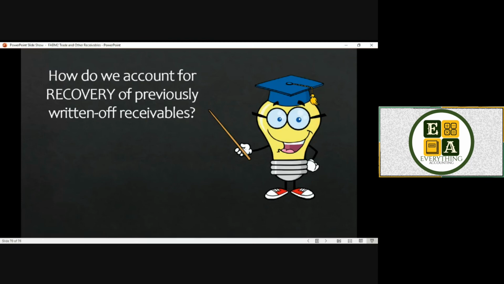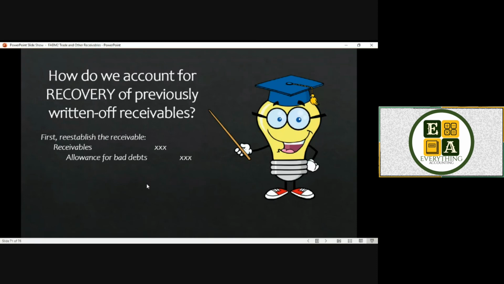And how do we account for recovery of previously written off receivable? Firstly, a journal entry is to reestablish the receivable account. How do we reestablish the receivable account? Simply reverse the journal entry that we have made when we had the write-off.